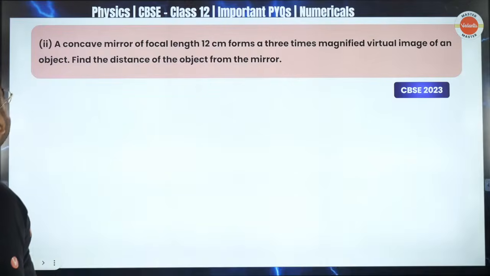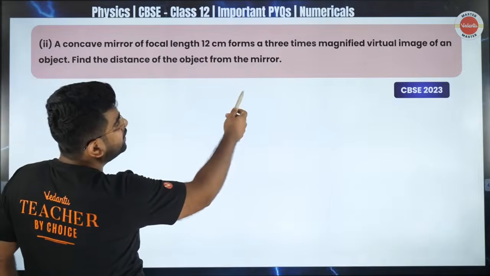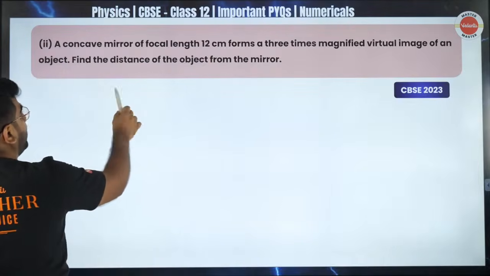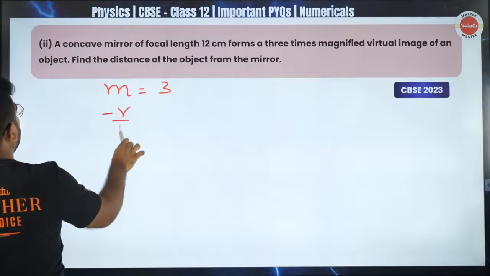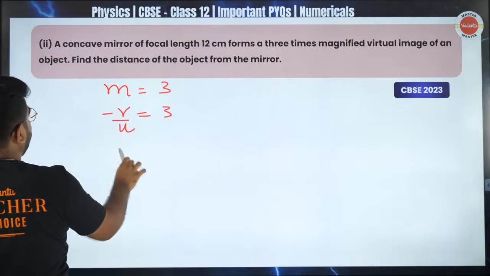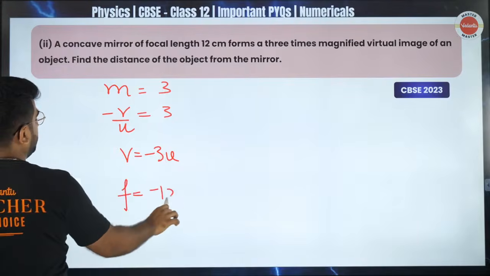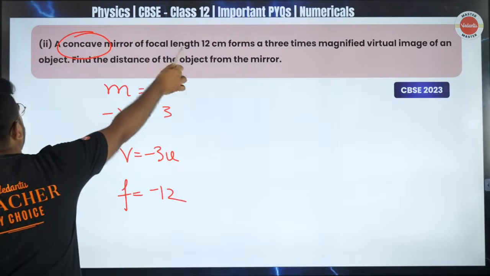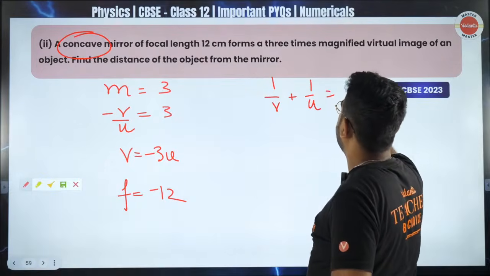A concave mirror of focal length 12 forms a 3 times magnified virtual image. So magnification is 3, so minus V by U is equal to 3. So V is equal to minus 3U. Focal length is minus 12 because it is concave.